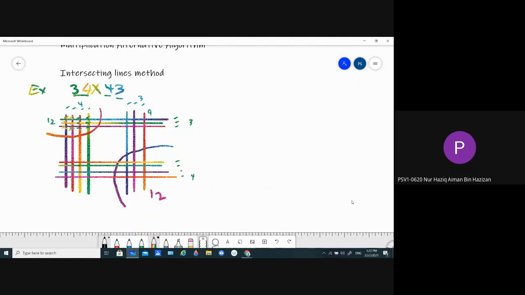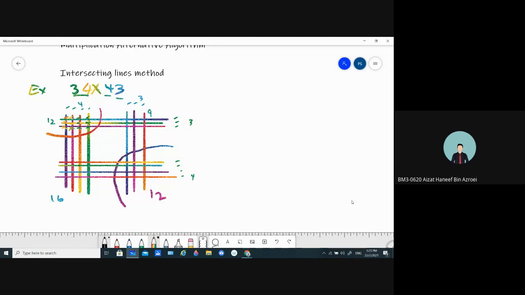Here 9, right? At the bottom here? 16. 16 here.